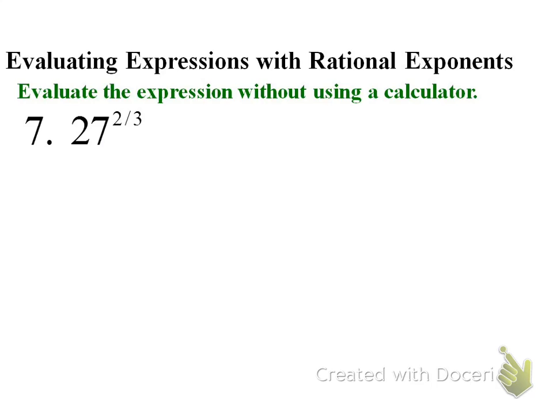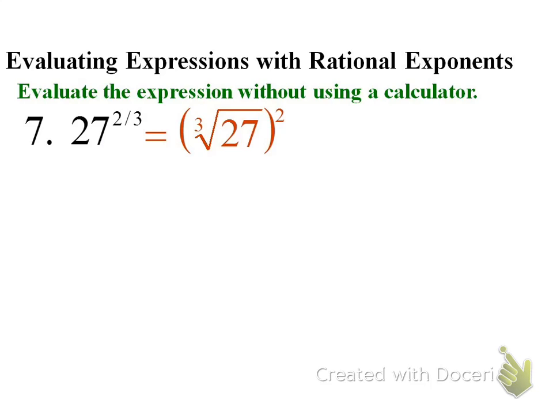All right, so example 7, we have 27 to the 2/3 power. You know that the denominator of your exponent is the root that you're taking. So this is like saying the cubed root of 27, and then the numerator we deal with afterwards.